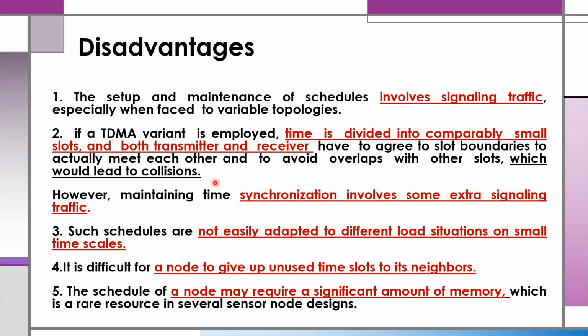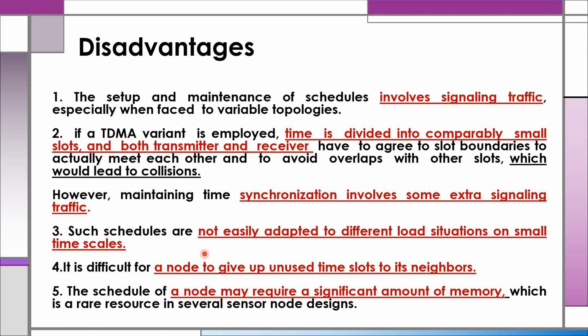So here there are small boundaries between one slot and another. Even a minute delay, in nanoseconds or milliseconds, will introduce collision in this algorithm. So we have to maintain synchronization, which involves some extra signaling traffic in the LEACH protocol. If synchronization is missing, the data will overlap, or collision will happen.